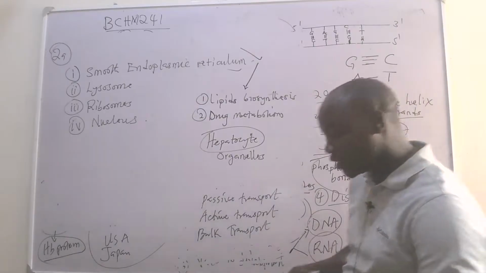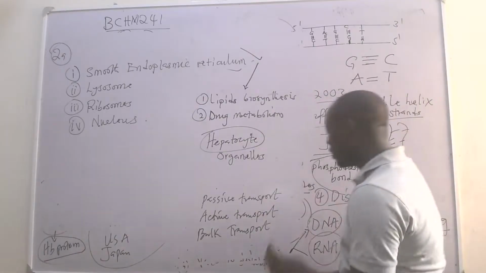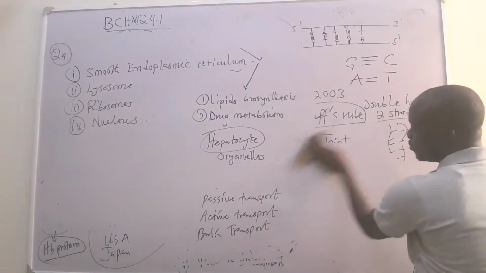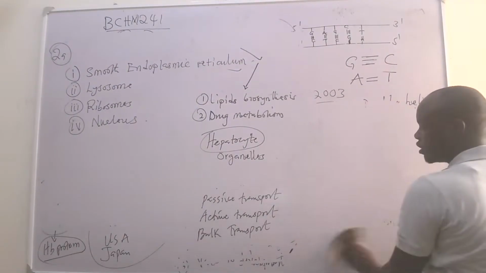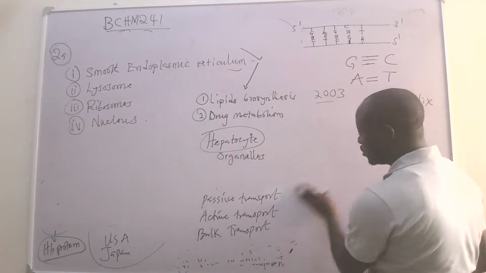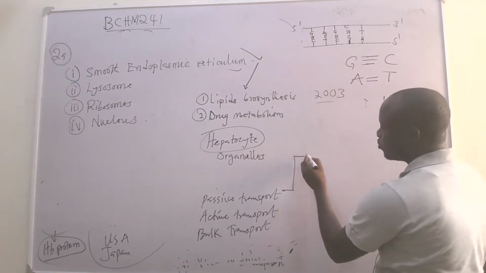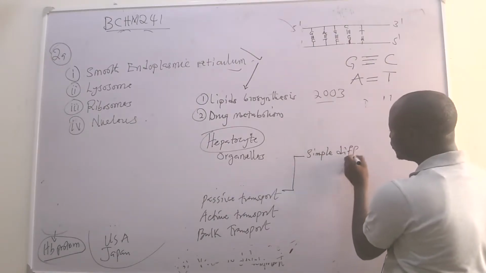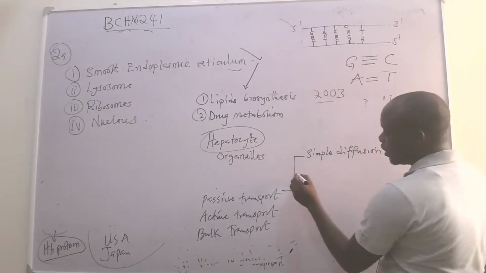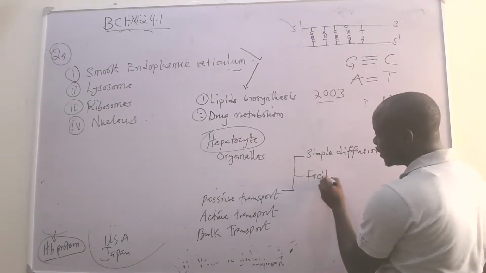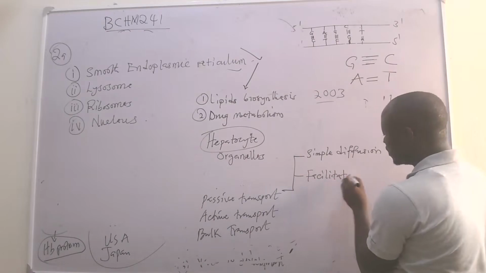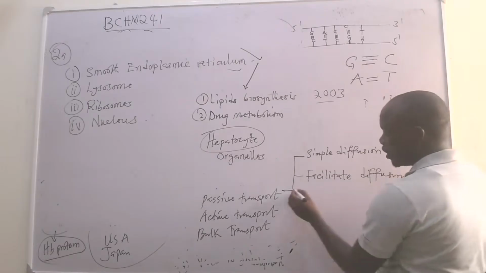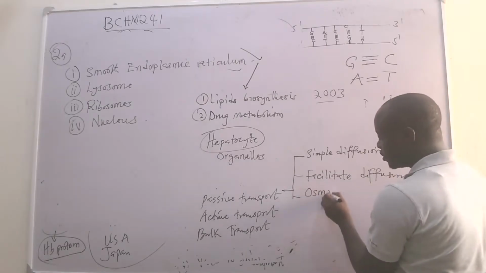Each of these has its own division. For example, in passive transport, we have simple diffusion, facilitated diffusion, and then osmosis.